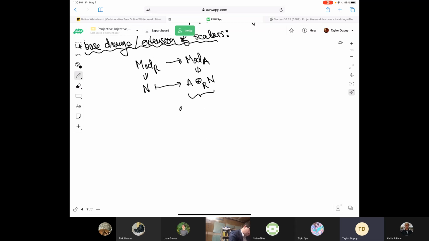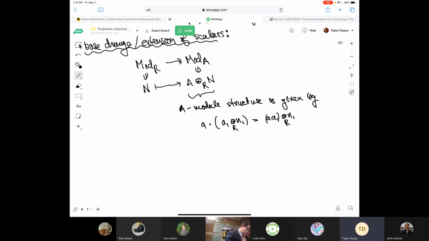The A module structure is given by something like this: if I wanted to multiply, let's just do it for simple tensors, A times A1 tensor N1 is defined to be AA1 tensor N1, over R. So you just multiply in the first factor.